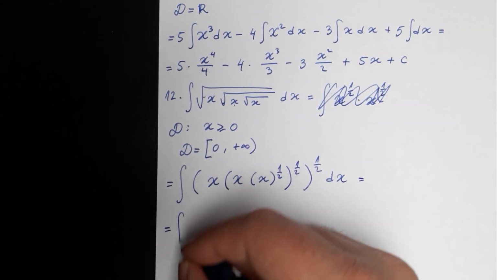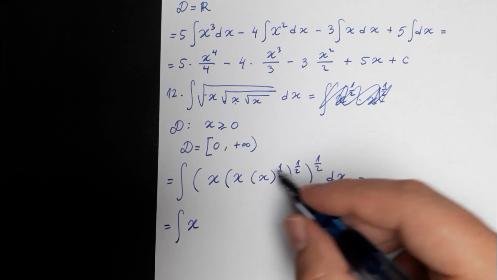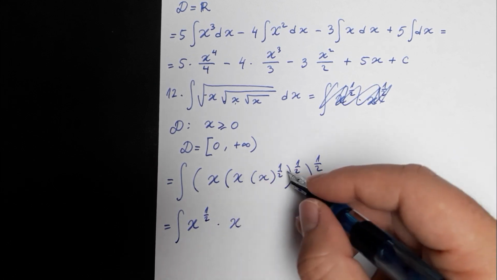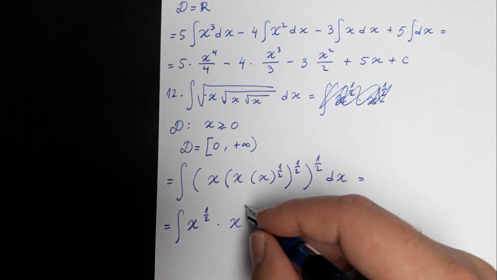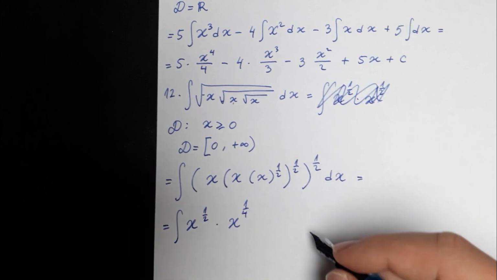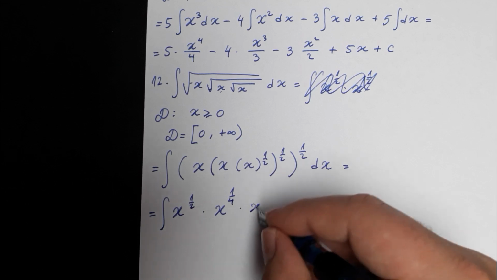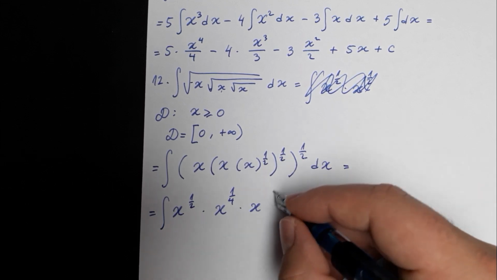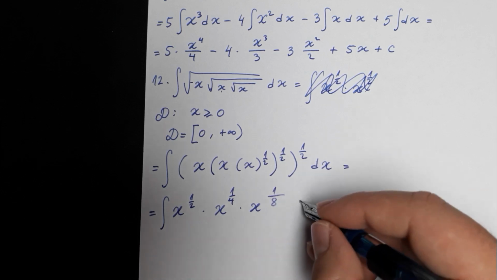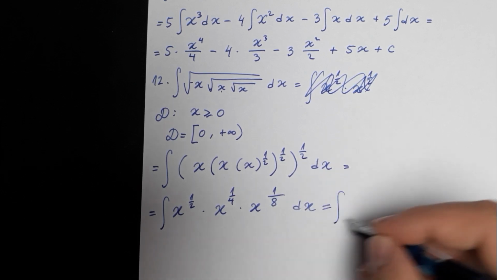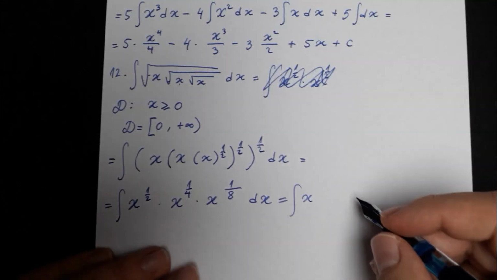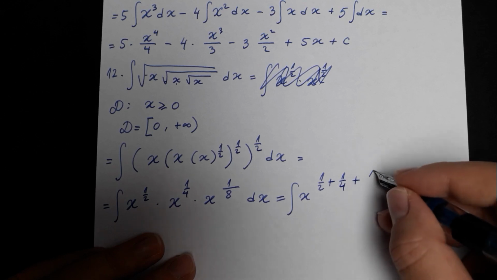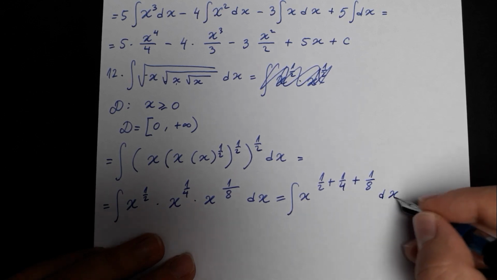This is then equal to the integral of x to the power 1/2 times x to the power 1/2 times 1/2. This is 1 divided by 4, times x to the power of 1/2 times 1/2 times 1/2, which is 1 divided by 8, dx. This is then the integral of x to the power 1/2 plus 1/4 plus 1/8 dx.